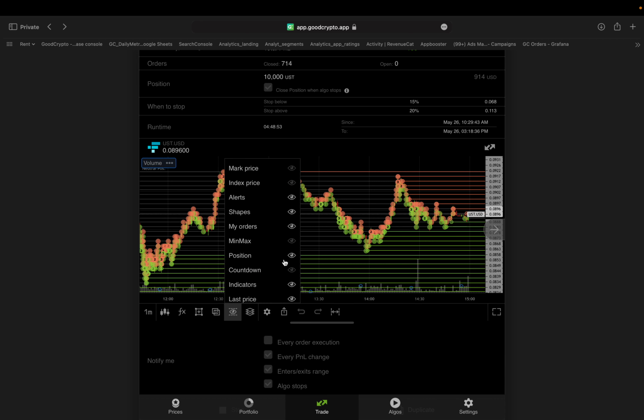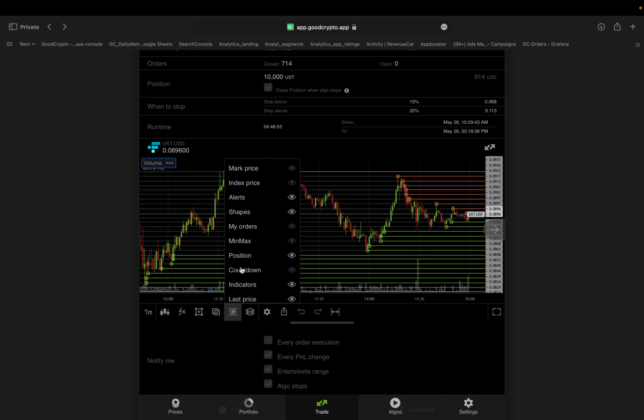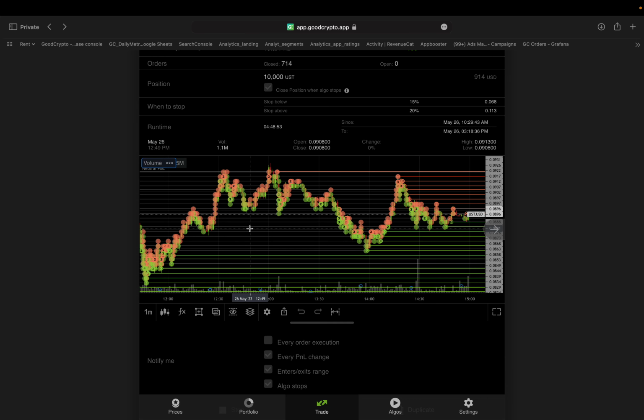Let me see. Can I turn them off? Yes, I can turn them off here. You can see the candles were crossing the grid levels. The 1 minute candles were crossing grid levels a couple of times, for example 2, 3 times, sometimes 3, 4 times. That's a very, very good sign. That's what you're looking for.